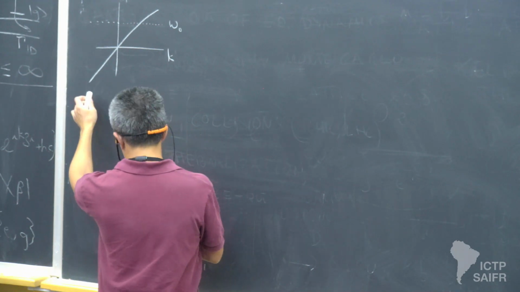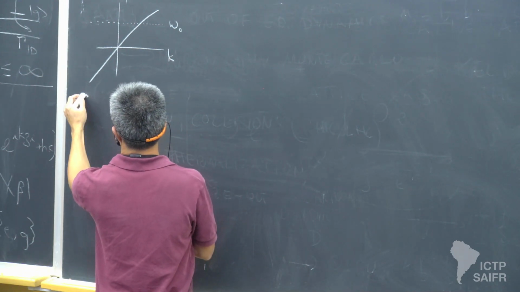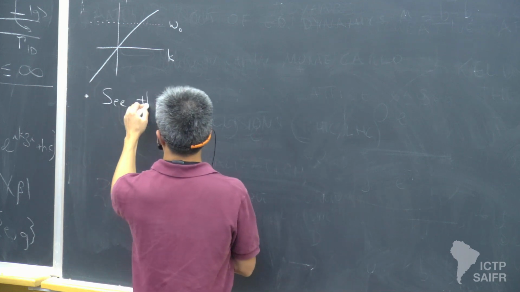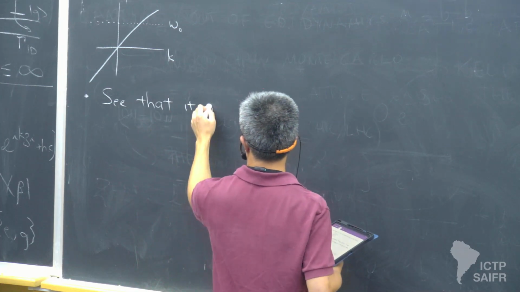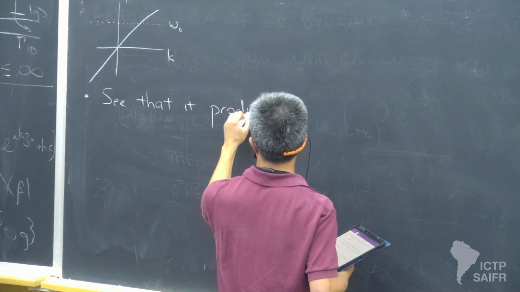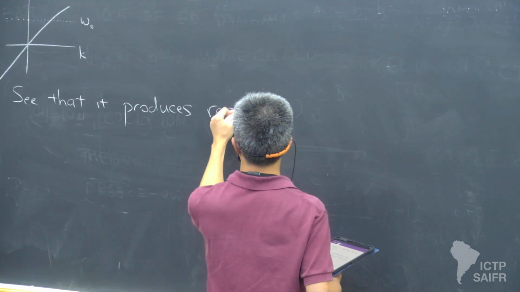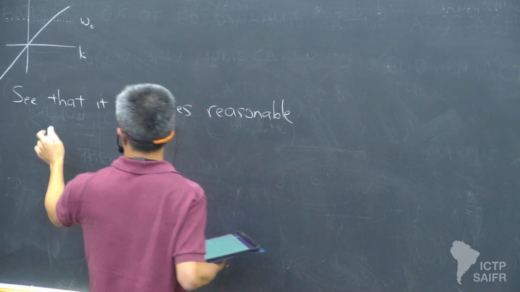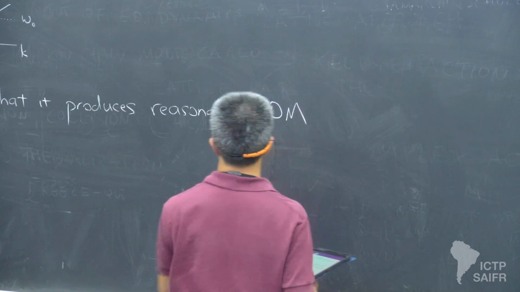So what we'll see now is that this Hamiltonian produces reasonable equations of motion.